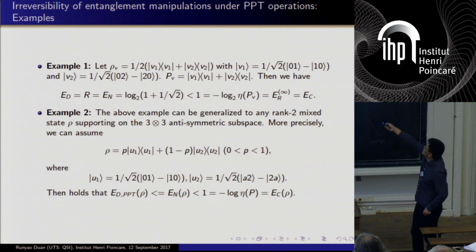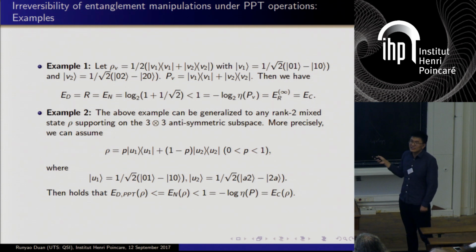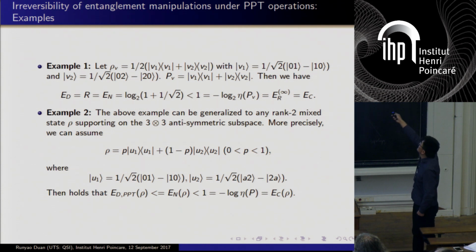So this example can be generalized to any rank-2 mixed state supporting on this 3 by 3 anti-symmetric subspace. So for any this kind of states, you can always show that we have this separation between ED and EC.